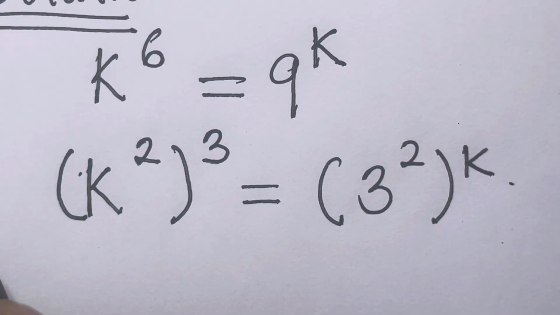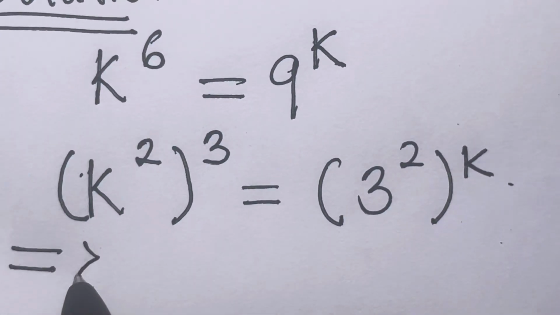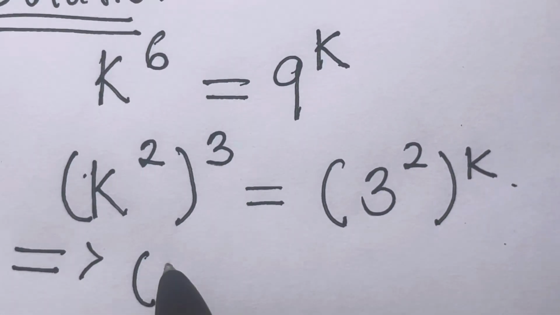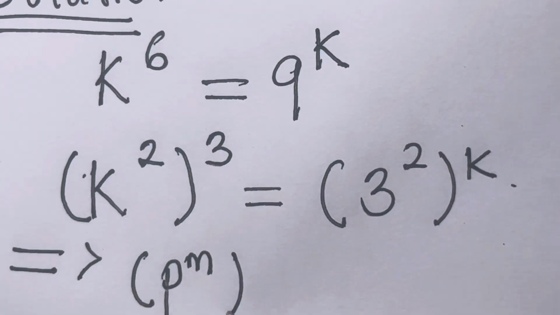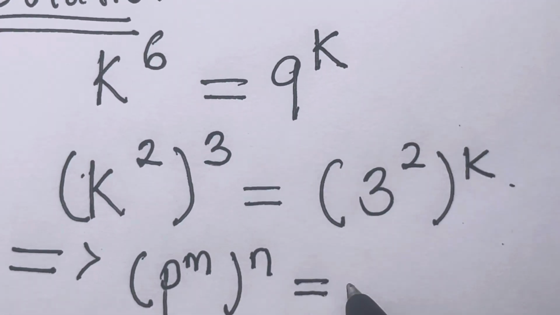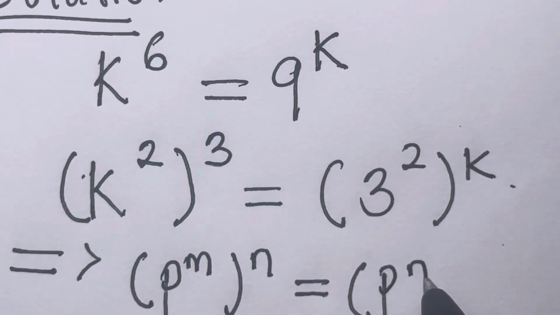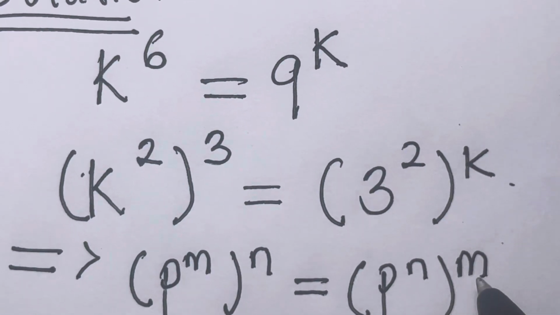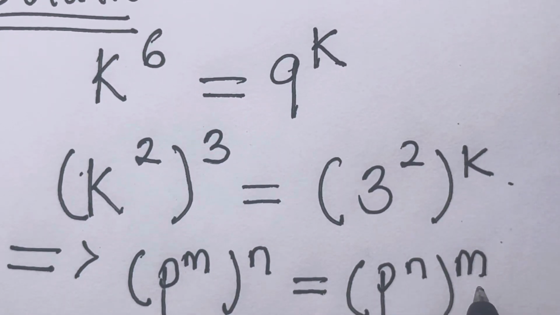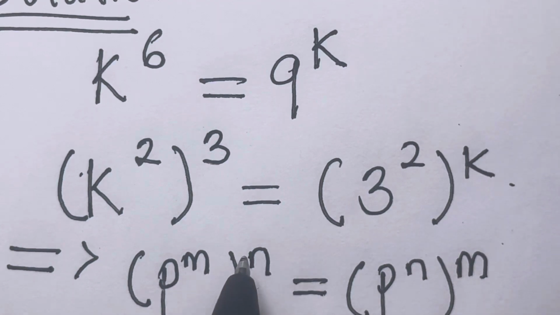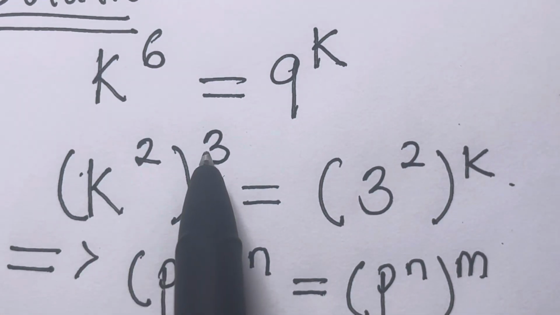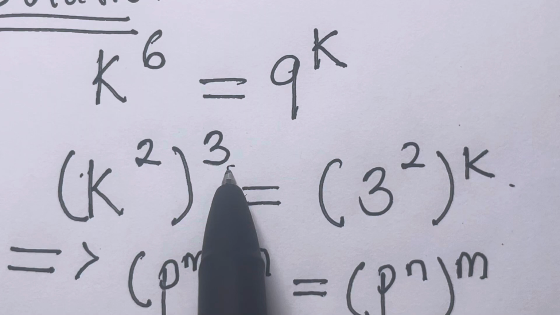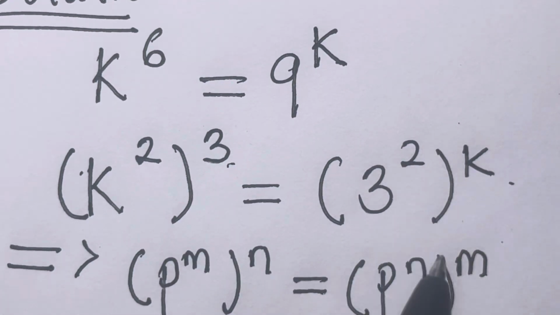So from here, let's recall that if you have p raised to power m raised to power n, this equals p raised to power n raised to power m. Applying this, we have 3 come here and 2 goes outside, and the same with this.